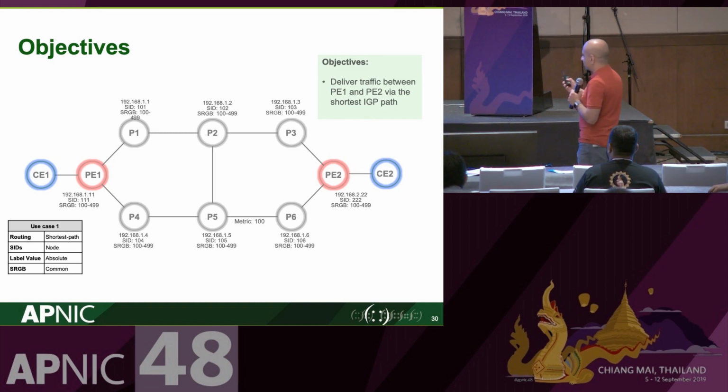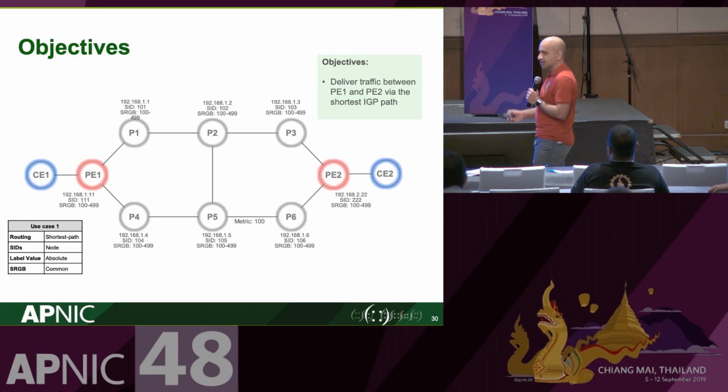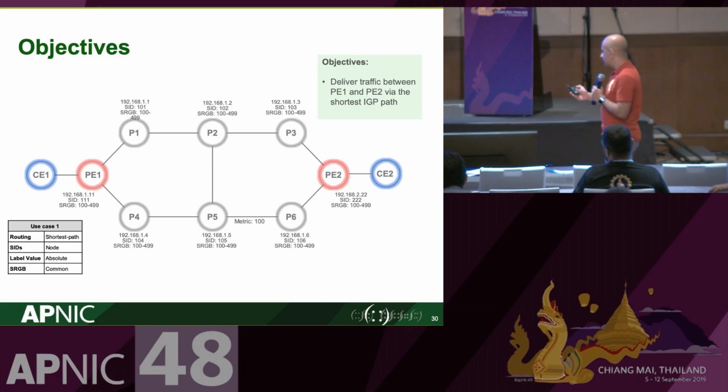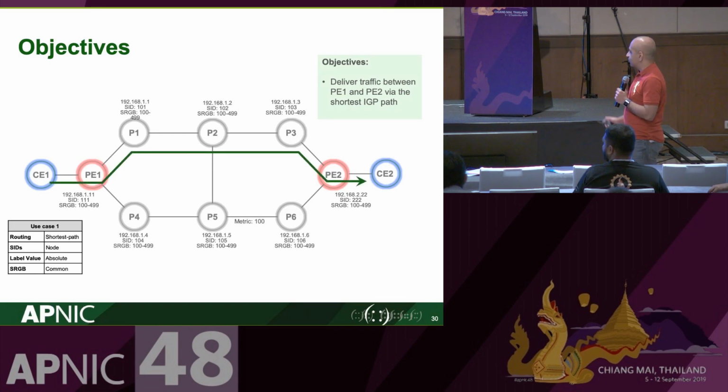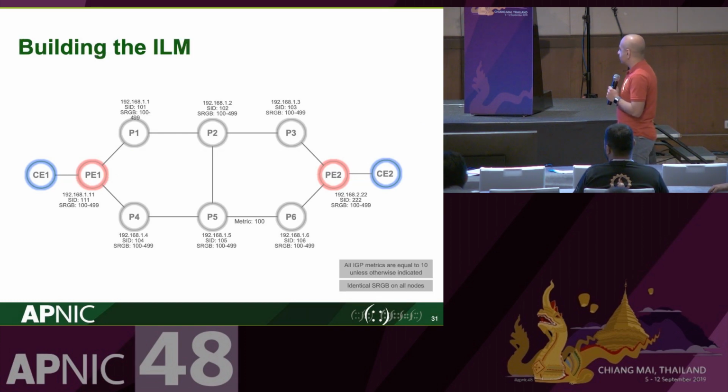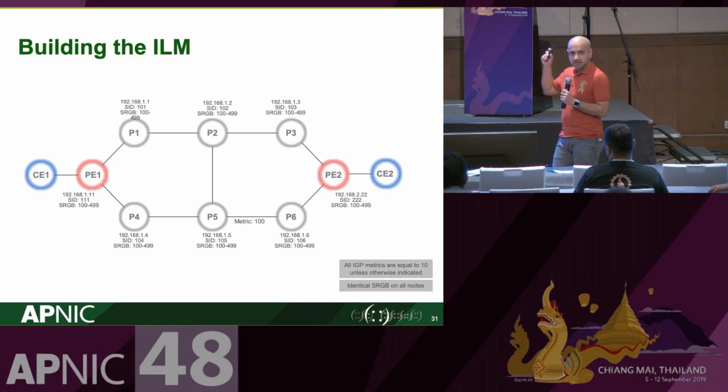So in this case, traffic between PE1 and PE2 via the shortest IGP path, which will be this one here, the top one, because this metric is too big. That's the path that we want traffic to take. Okay. So we have to build the incoming label map.